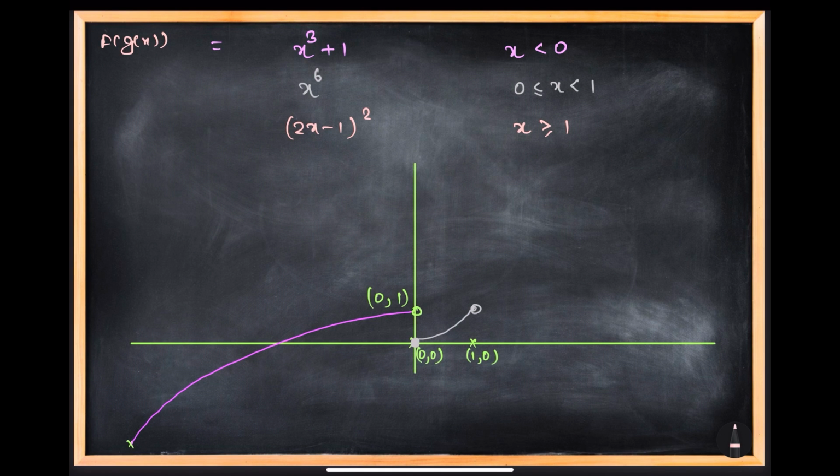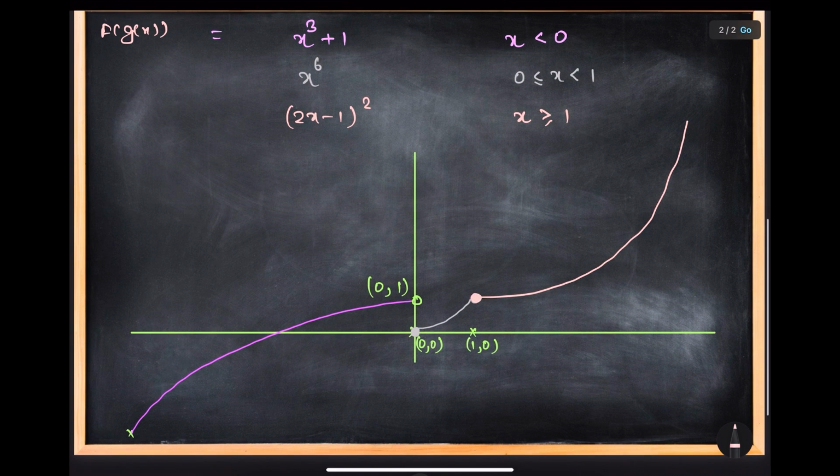Okay, so at 1 you will have minimum output, at infinity you will have maximum output. So if you give x as 1, it will become 2, 2 minus 1 is 1, 1 square is 1. So it is this point. And at infinity you will have infinity. Okay, so this is your f of g of x graph.